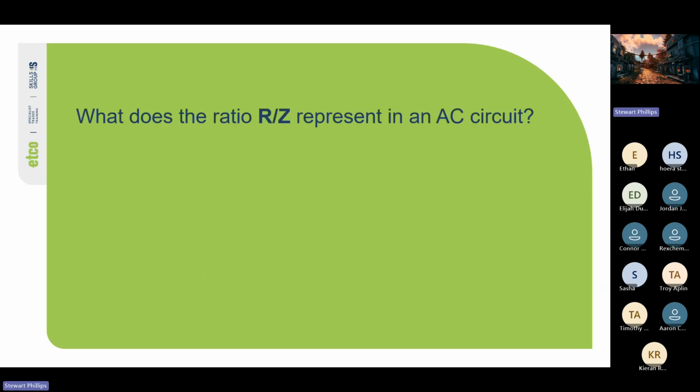So what does the ratio R/Z represent in an AC circuit? Remember, R is our resistance and Z is our impedance.